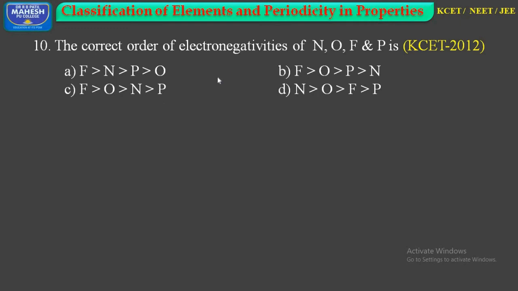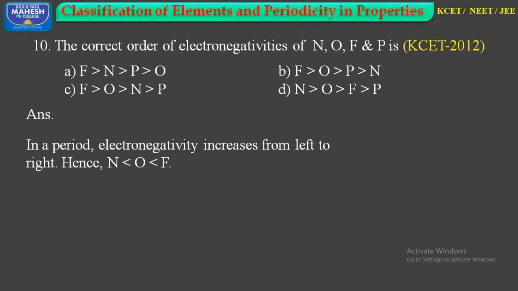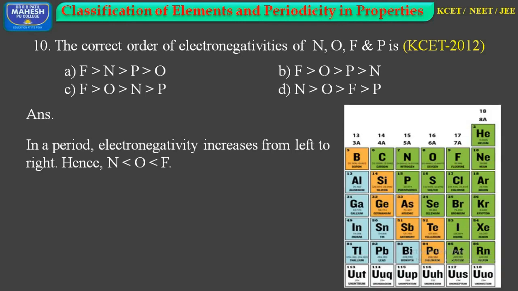The options give you the decreasing order of electronegativity. Which one is right? Students, you know that across a period, electronegativity value increases from left to right, and hence we can tell that fluorine is more electronegative compared to oxygen, and oxygen is more electronegative compared to nitrogen, because across the period electronegativity value increases.